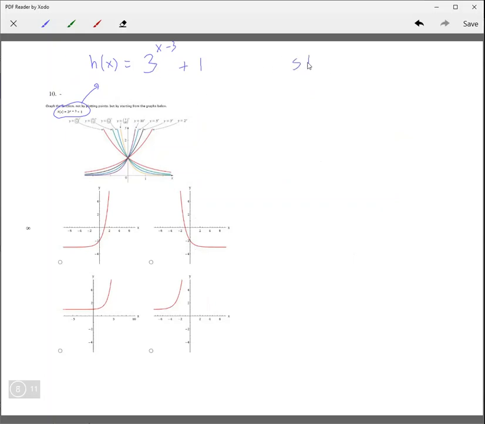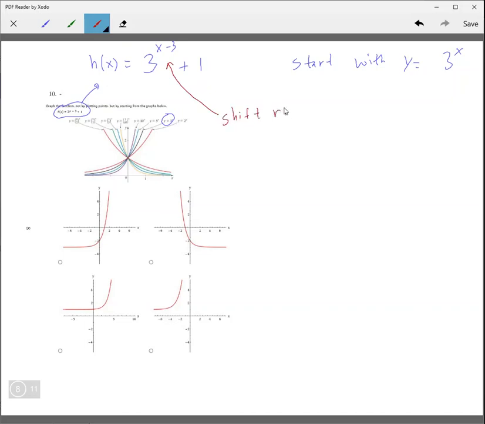And so you start with y equals 3 to the x, okay? Which is going to be the black one. 3 to the x is this black graph here. So what you're going to do is this minus 3 is going to shift it left.